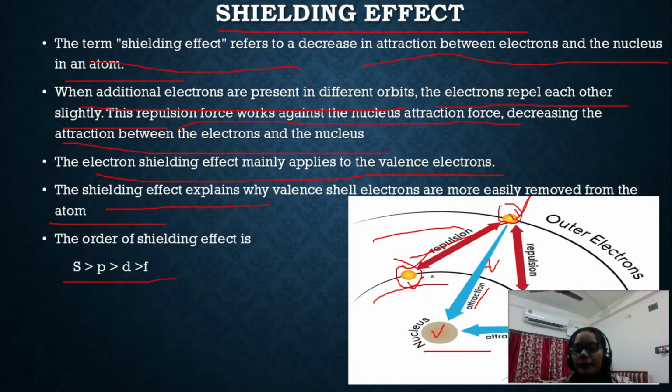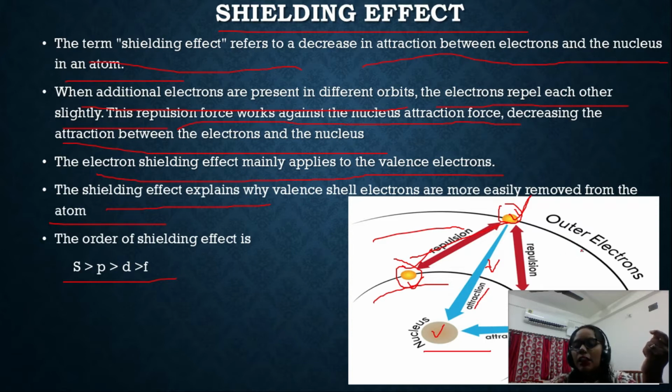Whether we have 2 electrons, 3 electrons, 4 electrons, each and every electron has the same tendency, that is the tendency to act as a barrier to the attraction force between the nucleus and the outer orbital electrons. And also this shielding effect will act in the same orbital electrons also.